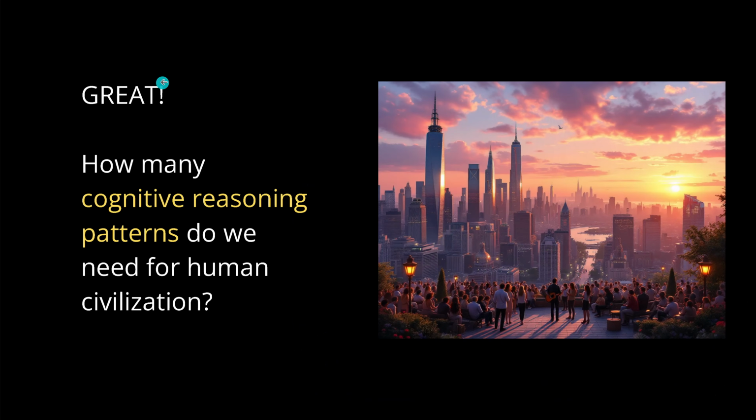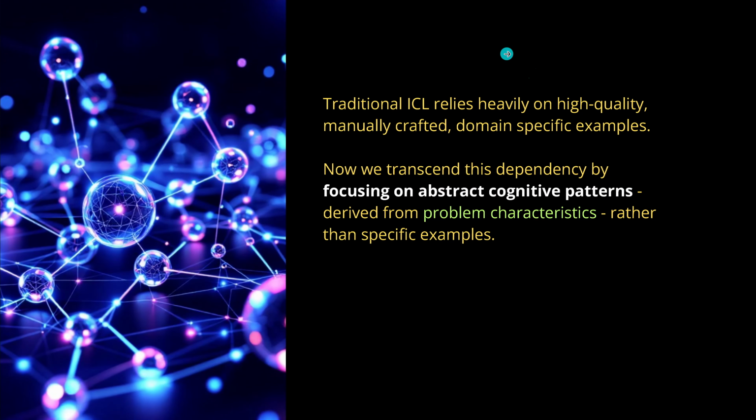So, you might say, great, so human civilization, how many cognitive reasoning patterns do we need to provide a basic functionality for the human civilization? Now, easy. In traditional ICL, we rely on high quality, manually, humanly crafted, domain-specific examples. The synthetic datasets do not perform as well as we hoped for.